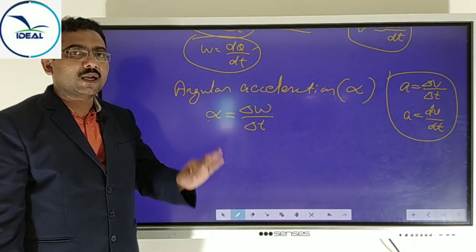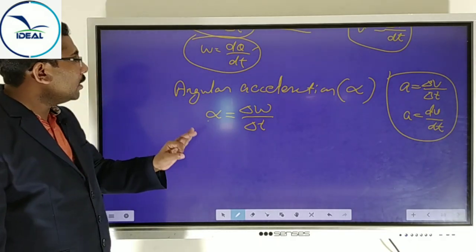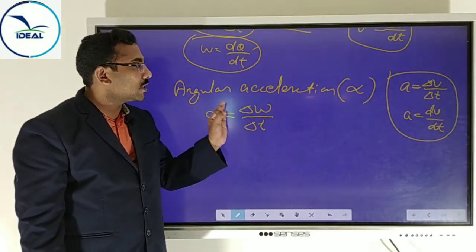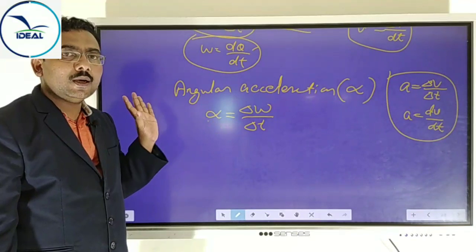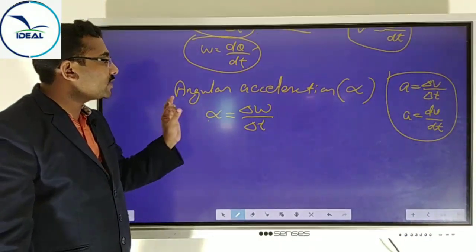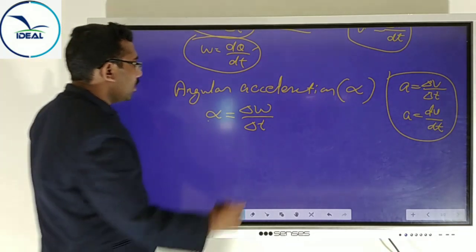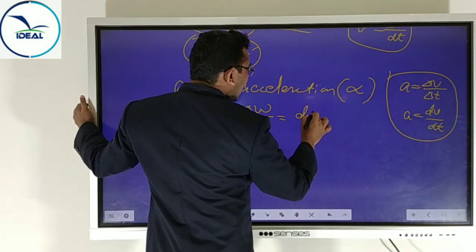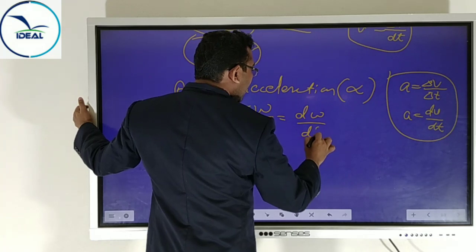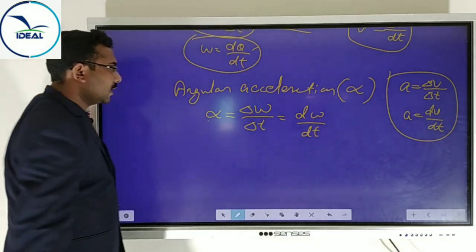Angular acceleration is the ratio of angular velocity change by time. It is the rate of change of angular velocity. Also we can write d omega by dt for instantaneous value.